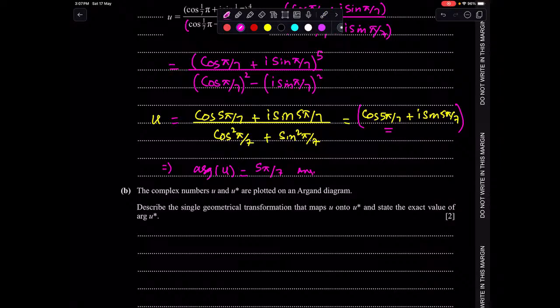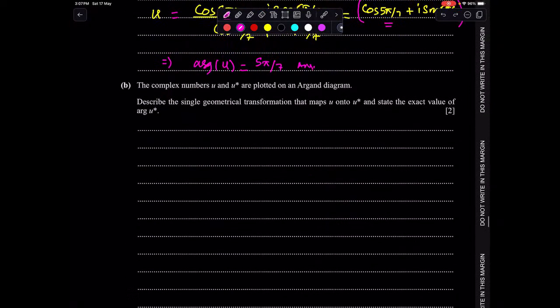Part B. The complex numbers u and u star are plotted on an Argand diagram. I mean this one and its star. So this is a rough sketch for your conceptual clarity. See, this is u, let's suppose.